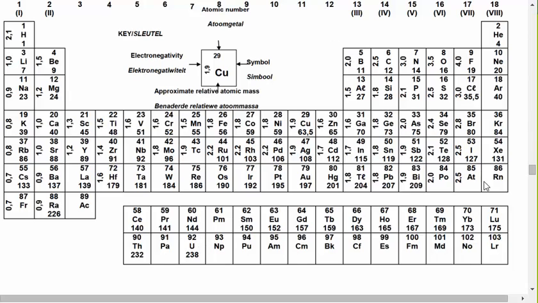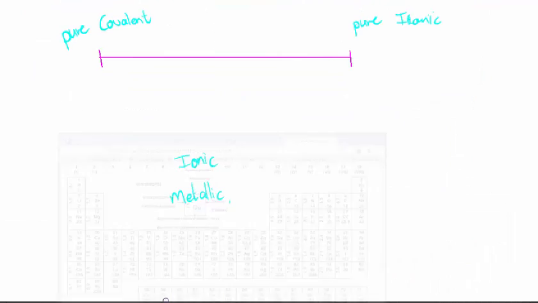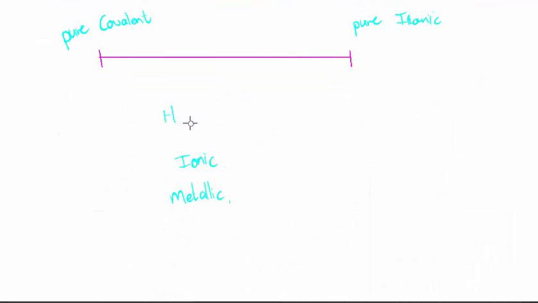The rest, the guys on this side want electrons. Because they already have many, they're unlikely to give away, so they would either be ionic or covalent.